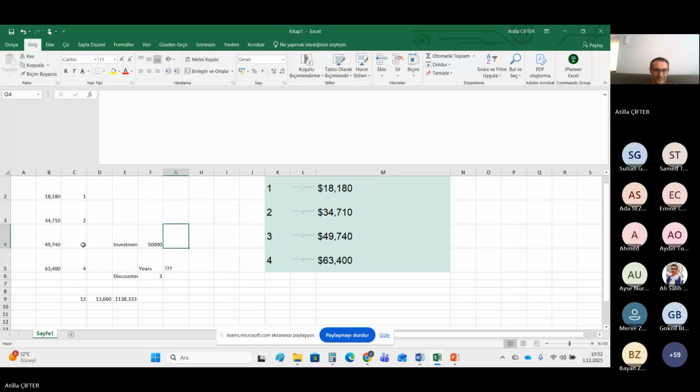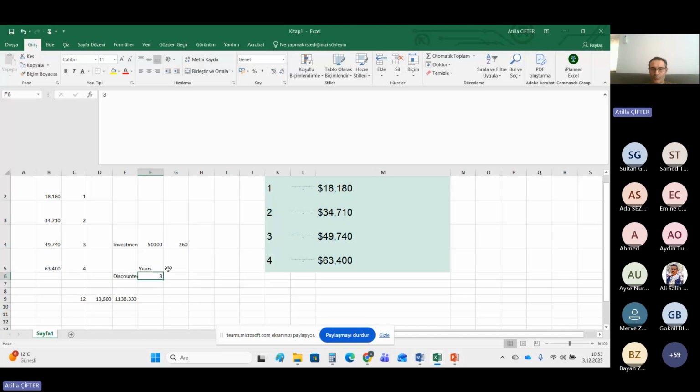And then the difference between $50,000 and the third year is only 260. So for 1 month, you have 1,138. So even it is less than 1 month. So approximately you can say, it's like 3 years is the cover period.